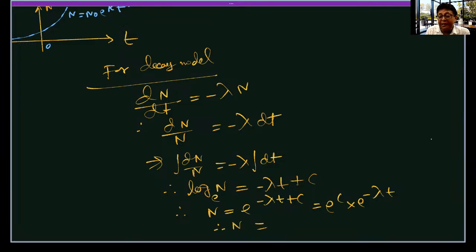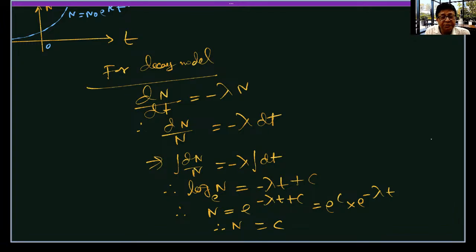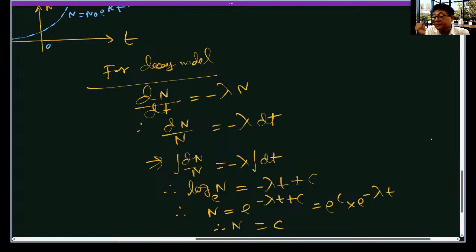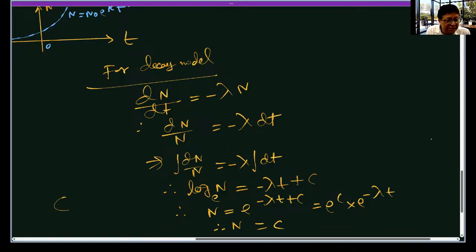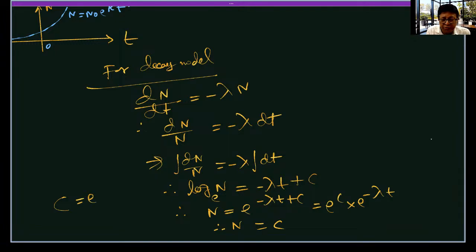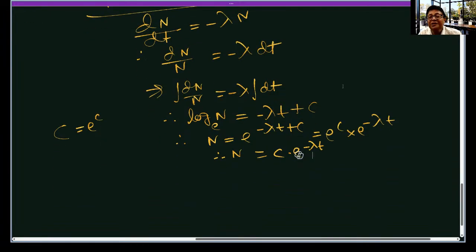Therefore, this again we take big C. What's the difference with the previous one? Because minus lambda is there. It's decay, it will gradually reduce. That's why. And this big C equal to e to the power c. So n equals C e to the power minus lambda t. Clear? So this is for decay model.